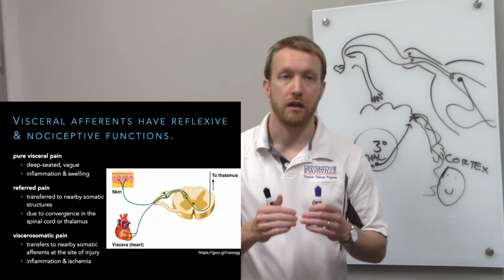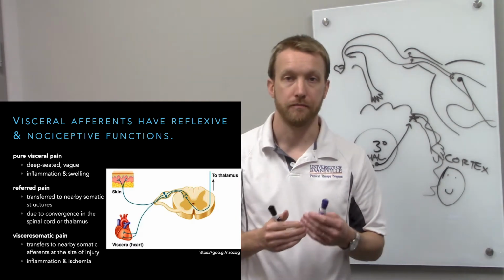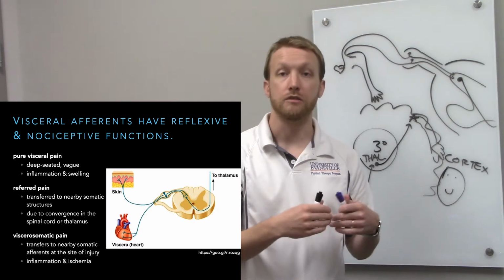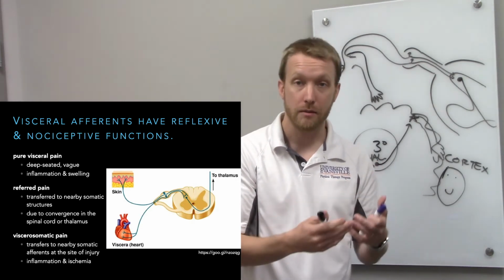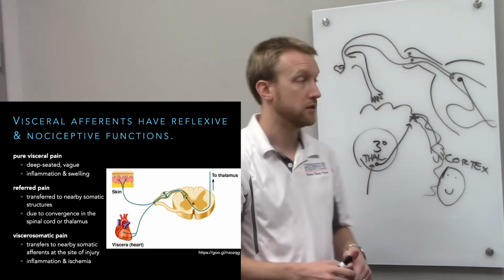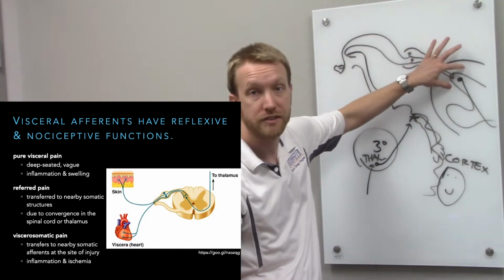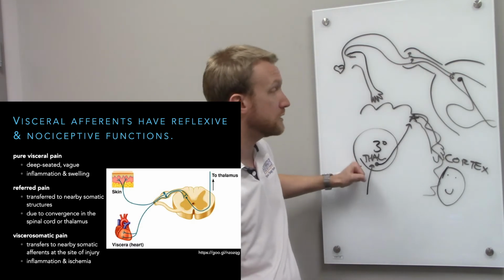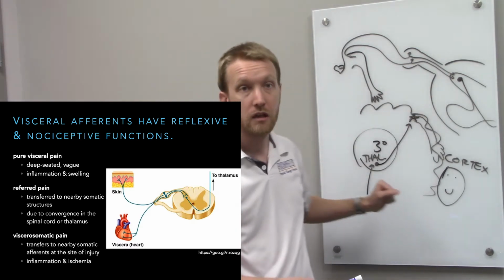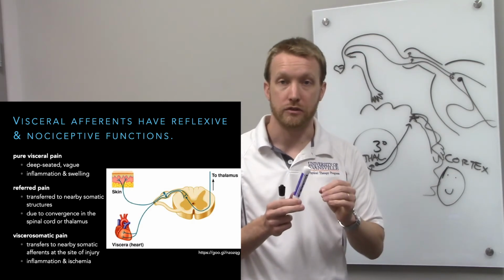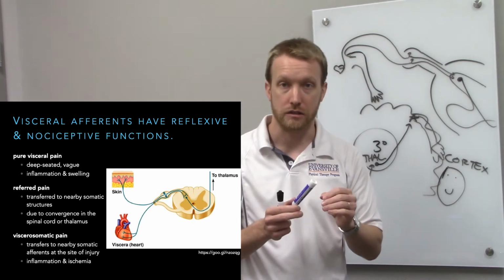The last type of pain is viscerosomatic pain. And this is where damage in the viscera leads to stimulation of primary afferents in the skin. So as opposed to convergence on secondary or tertiary afferents in the spinal cord or thalamus, the viscerosomatic pain is where the primary afferents are stimulated by noxious stimuli.